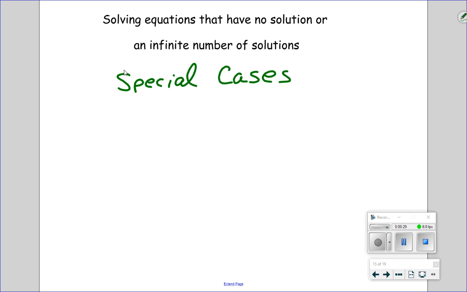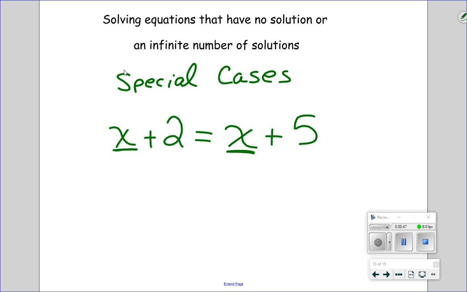So to give you an idea of how this could possibly occur, think of a problem like this. So we have an equation x plus 2 equals x plus 5. If you think about this logically, we're not going to solve it. I have some number x, and you have the same number on the left as you do on the right. And on the right side, I add 2 to that number.